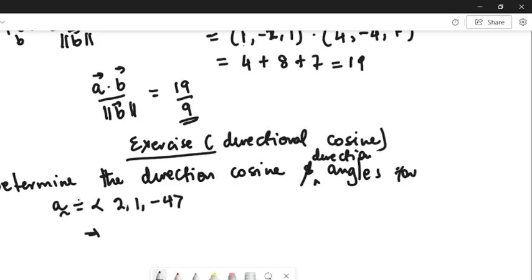Let me remind you of the formula. The angles are alpha, beta, and gamma.